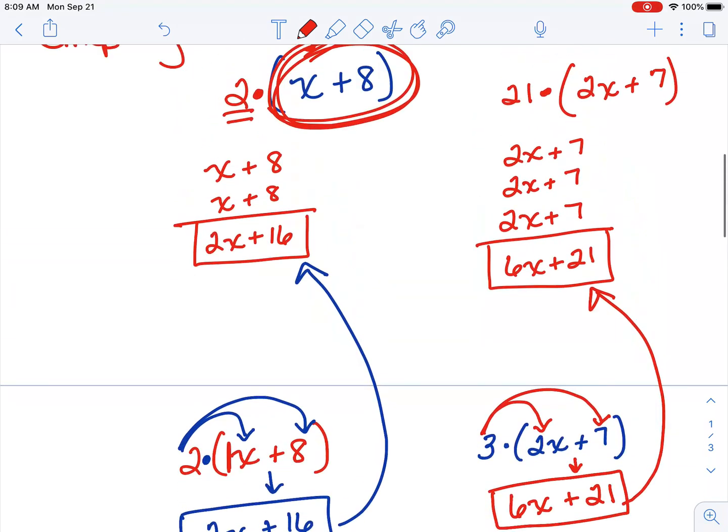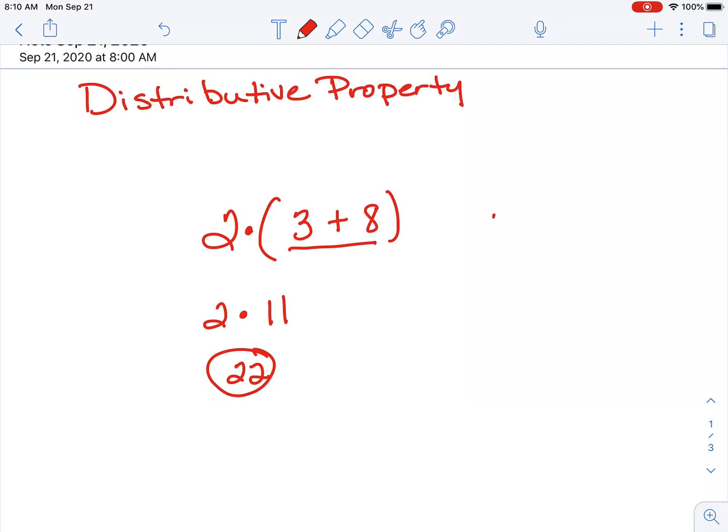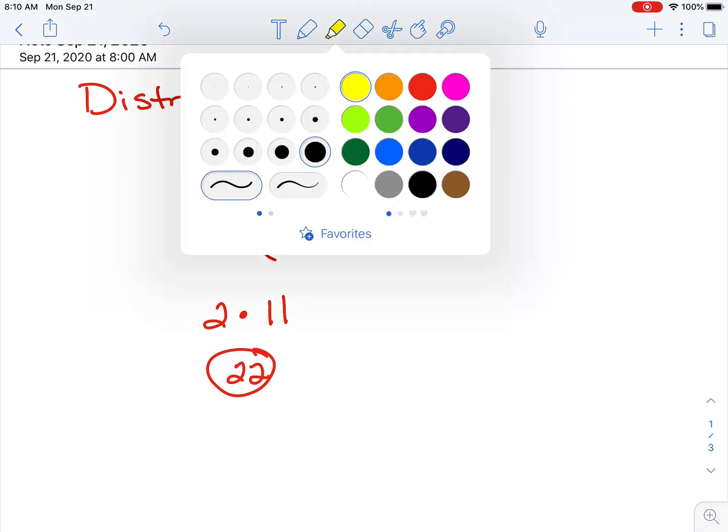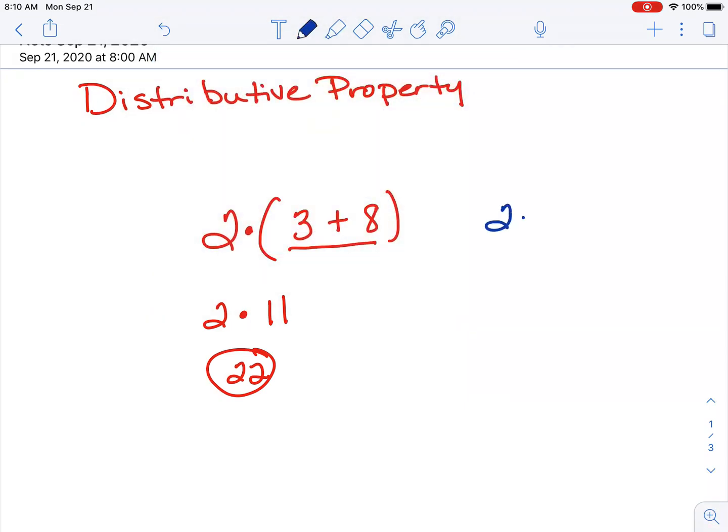Now, let's go back up to this very first problem that we used order of operations on. Could I use the distributive property on this? Absolutely. And I'll still come out with the answer 22. Watch this. 2 times 3 is 6.